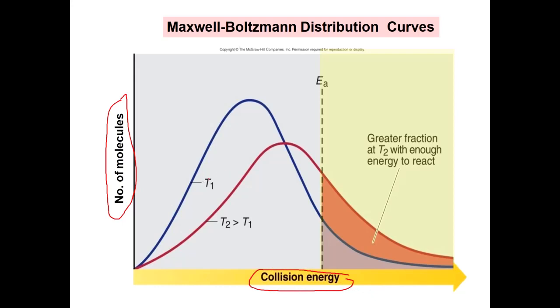This one is the blue line. The blue line is the Maxwell distribution curve at temperature T1. However, the red one is the curve for T2, which is greater than T1.